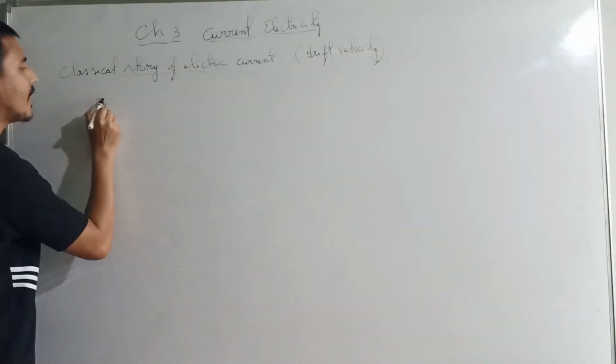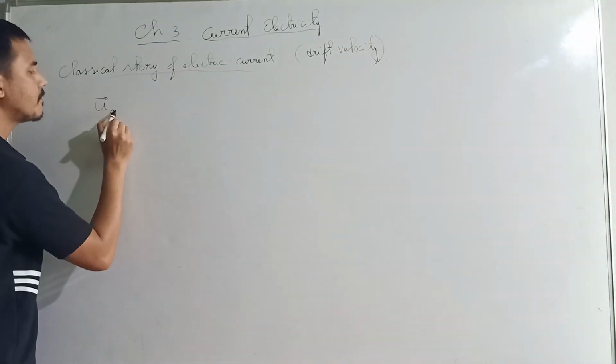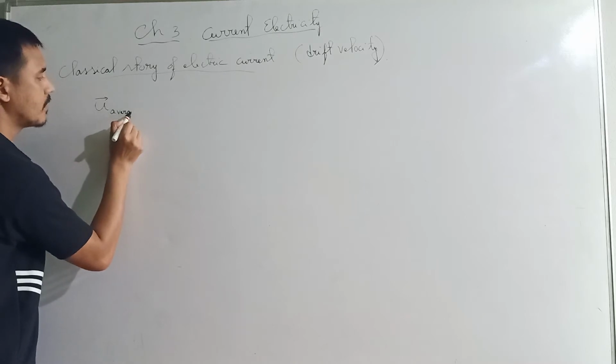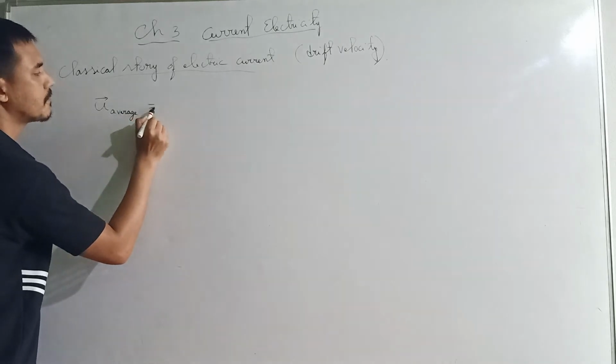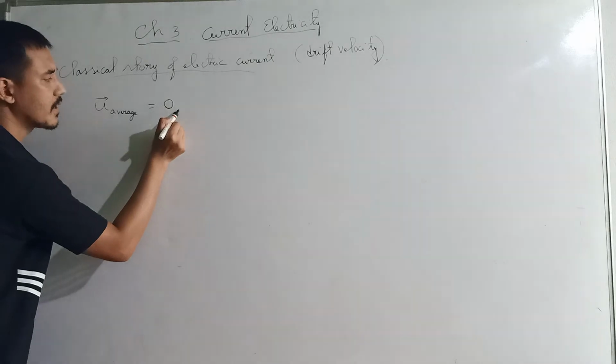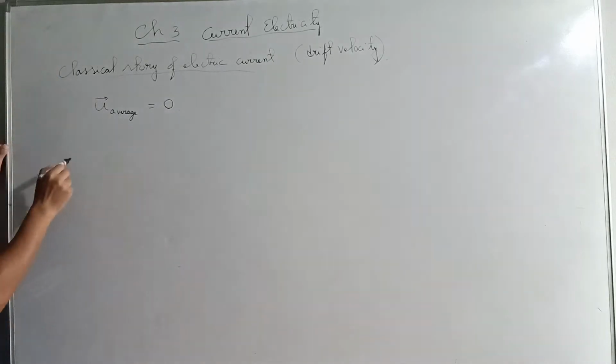That means the average thermal velocity of the free electrons is 0. The average thermal velocity of the electrons in the conductor is 0.